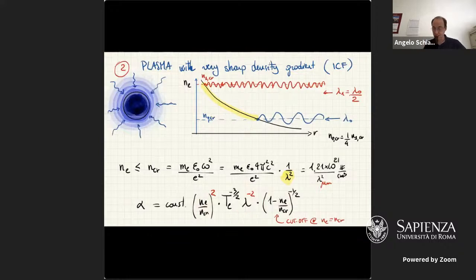So when we go to shorter wavelengths, the absorption coefficient gets higher. So it's advantageous to use shorter wavelengths when the plasma has a very sharp density gradient, because shorter wavelengths can penetrate much deeper inside the plasma, whereas longer wavelengths have to stop much farther out in the corona. So they have less chance to interact with the important part of the plasma that is ramping up in density.